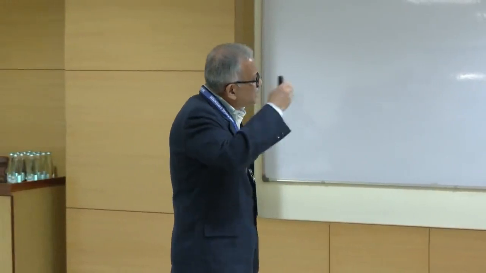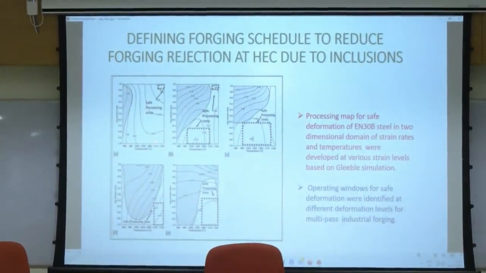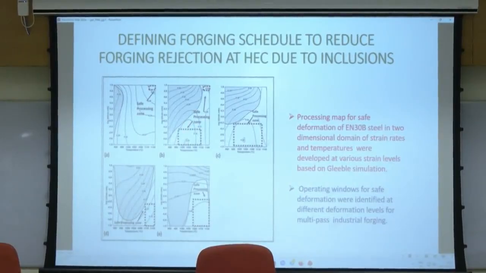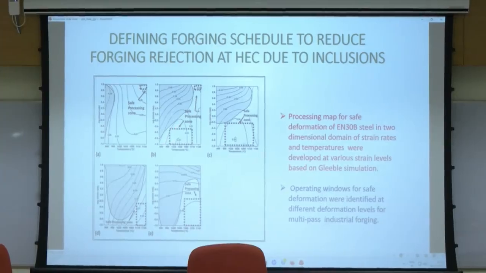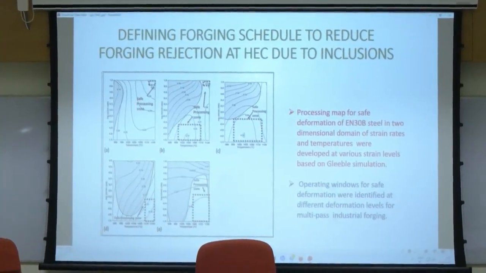Similarly, for different parts, we have defined what should be your window. For example, at low deformation level the window is here, that is high strain rate and high temperature. And then as the extent of deformation increases, it moves down here and here, here, here. So that way we have defined a forging schedule.